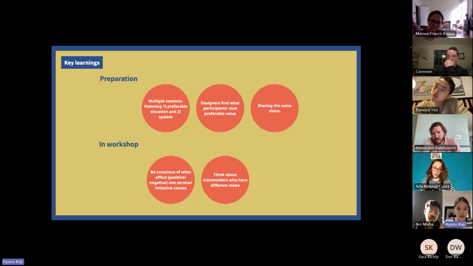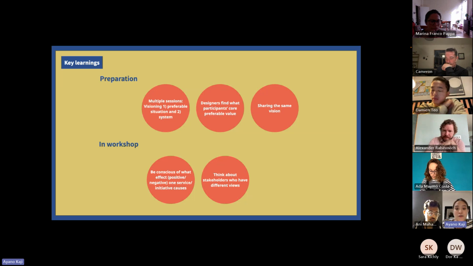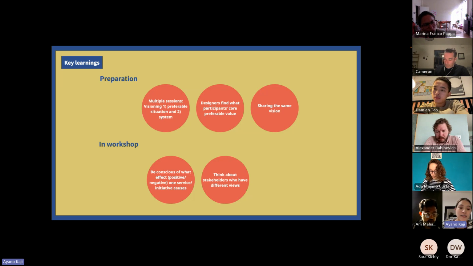So in terms of the workshop, two things. One, I learned it is important to encourage participants to be conscious of what impact one service initiative causes. Second, encourage participants to think about stakeholders who have different points of view.